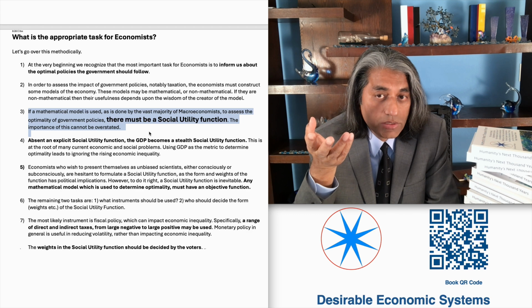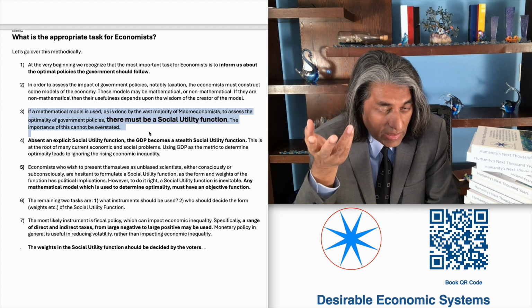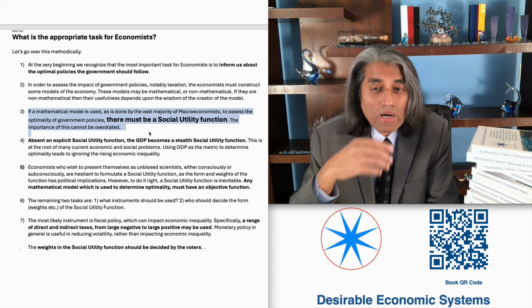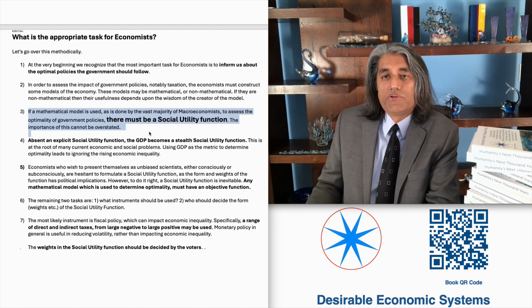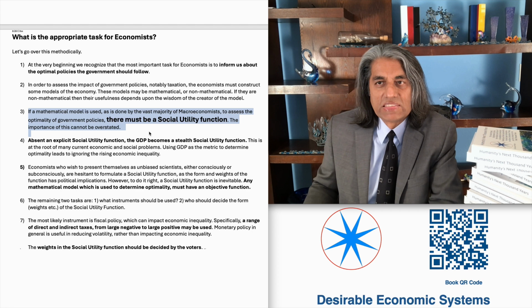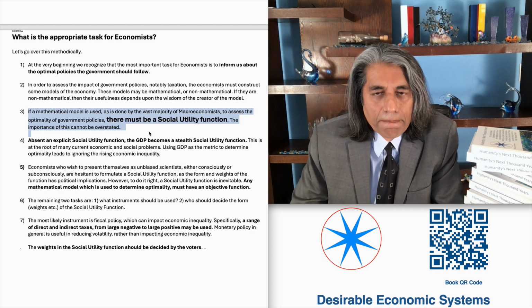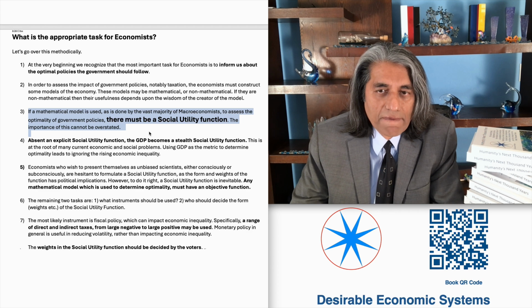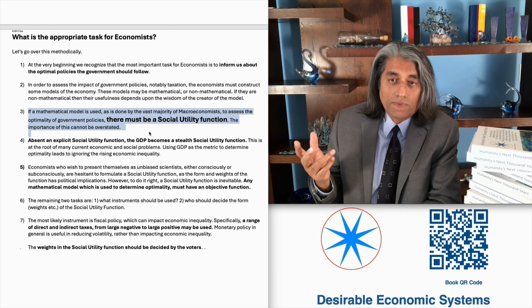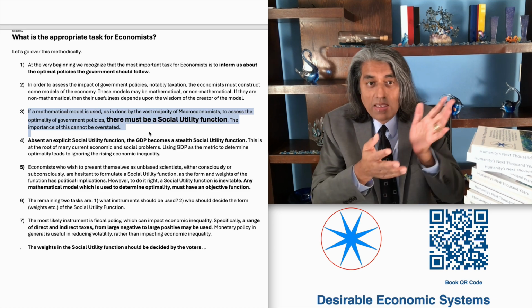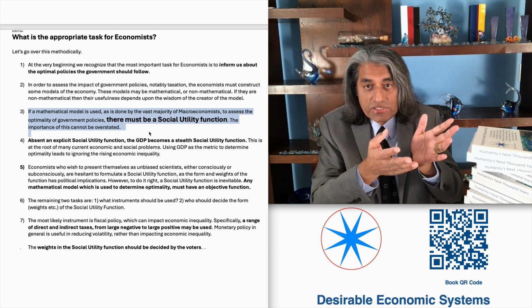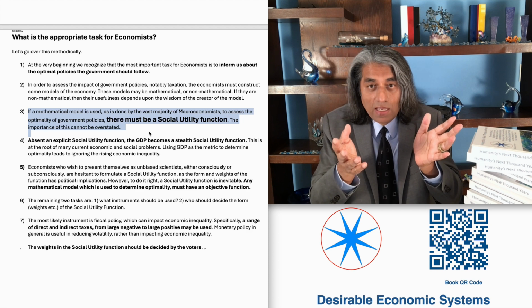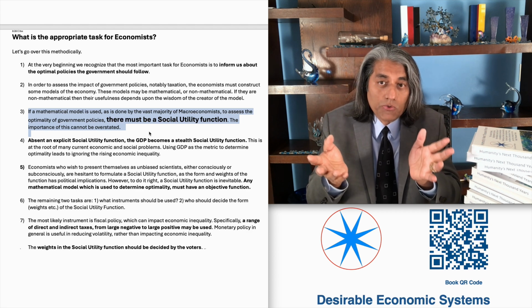And that objective function for economic models is the social utility function. But what I have found in my economics education is that there was not really much discussion about the social utility function. And because there was no discussion of the social utility function, there was this GDP, which became the stealth social utility function.